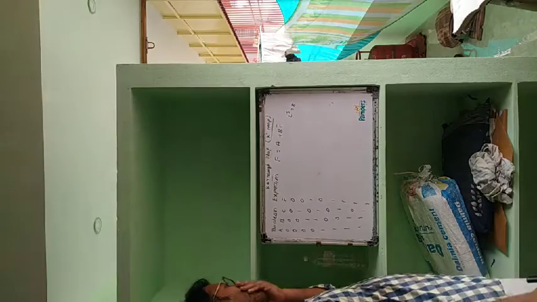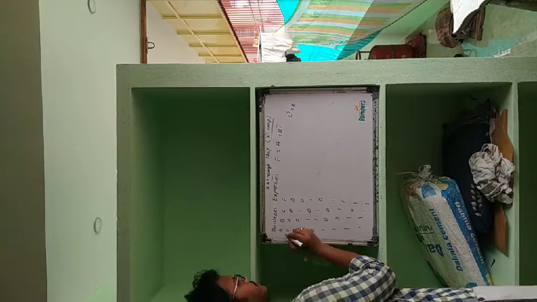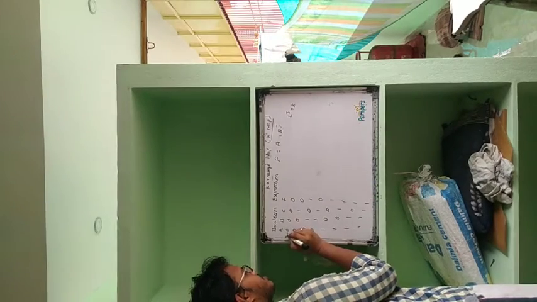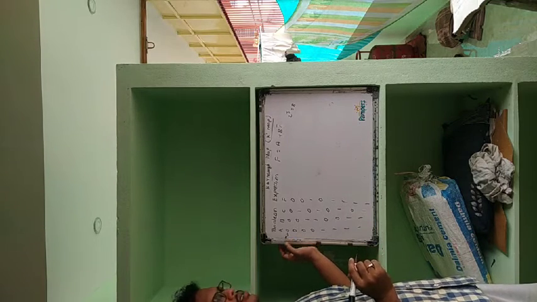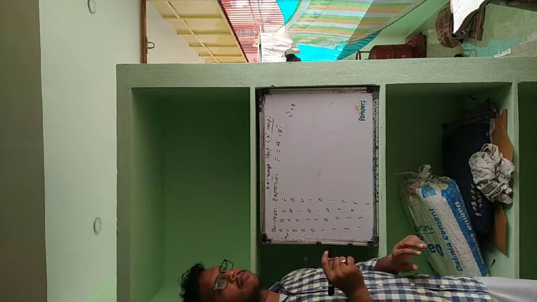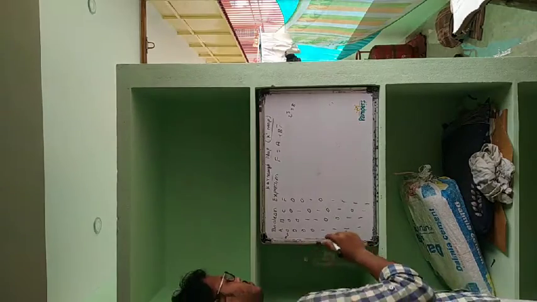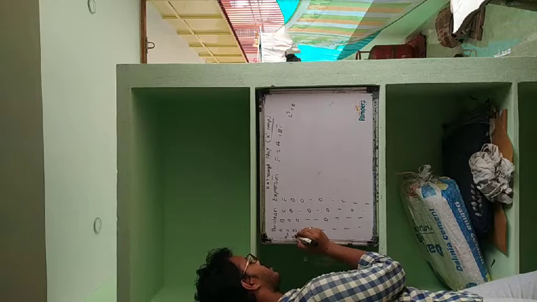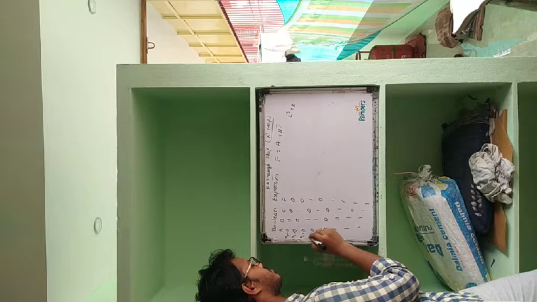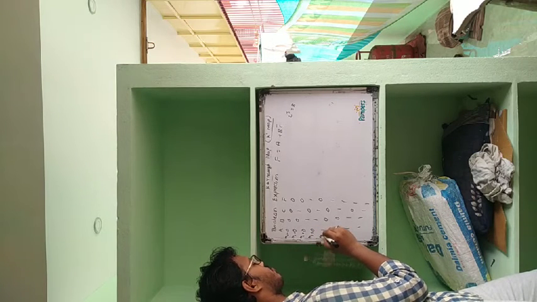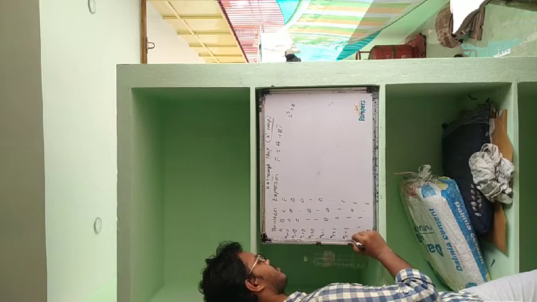First, name this as M0, meaning the sum of products, the minterm. Indicate it as small m0, this as small m1, then small m2, m3, m4, m5, m6, m7.